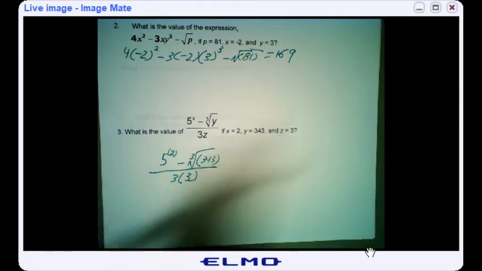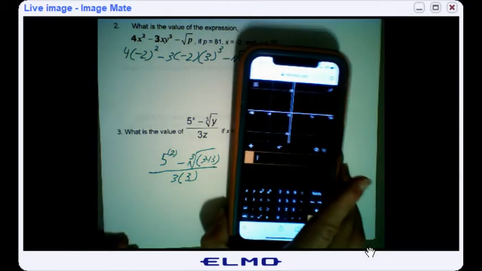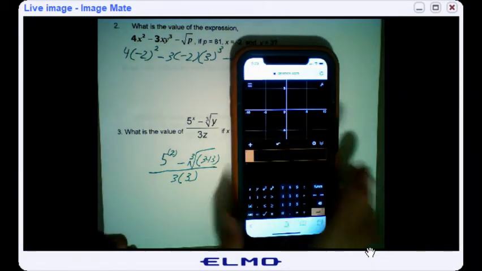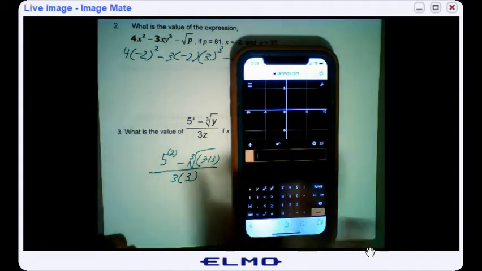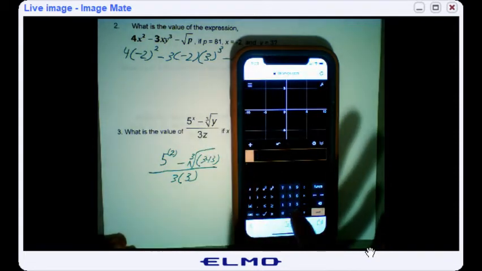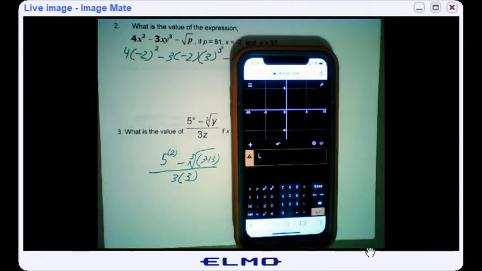So again, we can put that all into Desmos. When we do fractions in Desmos, especially the long ones, you hit the division symbol first, and that'll give you the fraction bar, and then you can fill in the numerator.